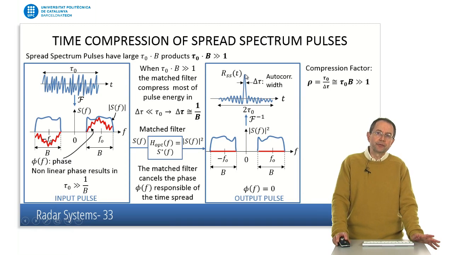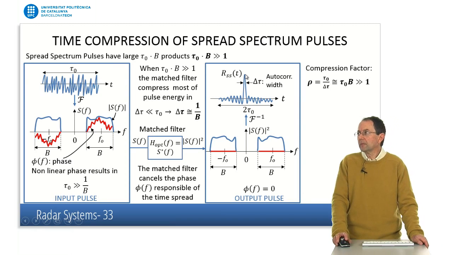So that's why the filter is optimum. Now we can define here the compression factor, this rho factor that appears in the previous expression, which is the ratio between the original duration of the pulse and the duration of the autocorrelation, which with this kind of signals is much smaller, and this parameter can be much larger than 1.